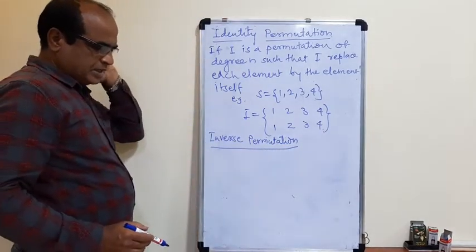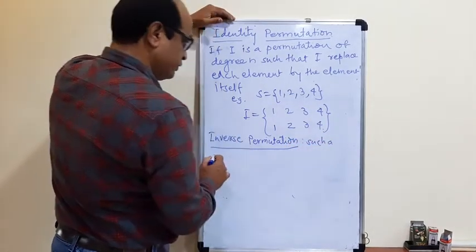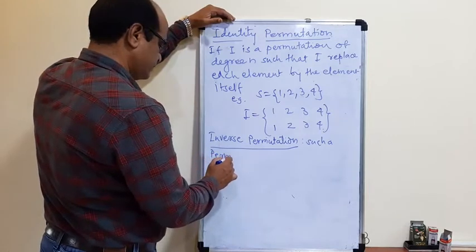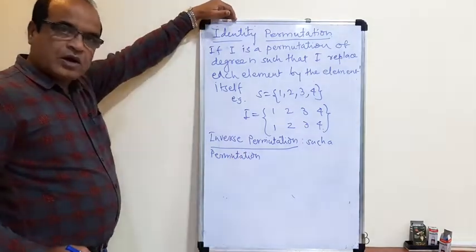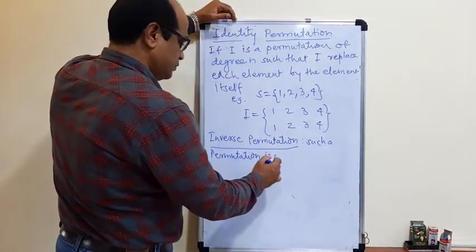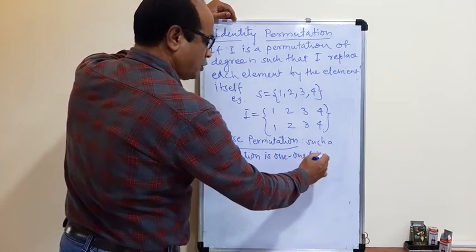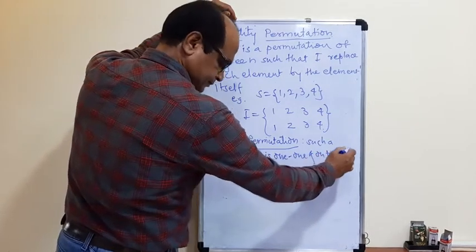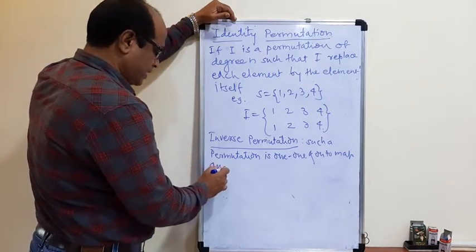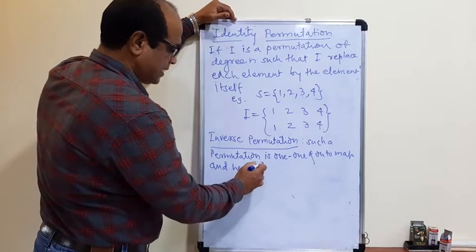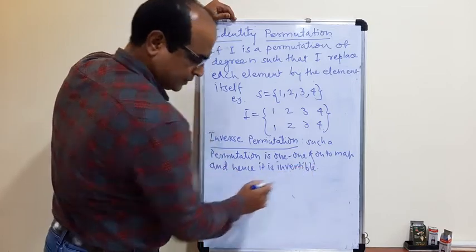Inverse permutation. Such a permutation is a 1-1 onto map, and hence it is invertible. Okay?